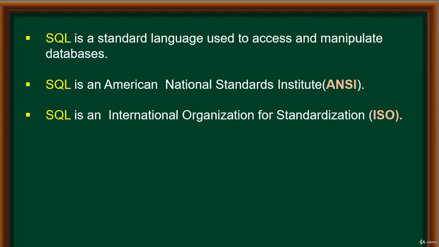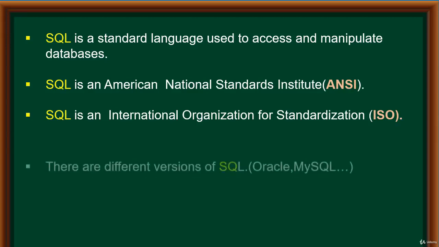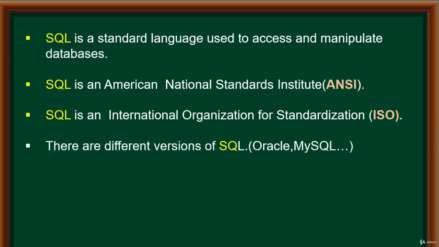There are different versions of SQL. For example, you have the Oracle version, you have the MySQL version, you also have the Microsoft SQL Server version, you've got the PostgreSQL versions, you've got Sybase. So there are different flavors of the SQL language depending on the vendor.